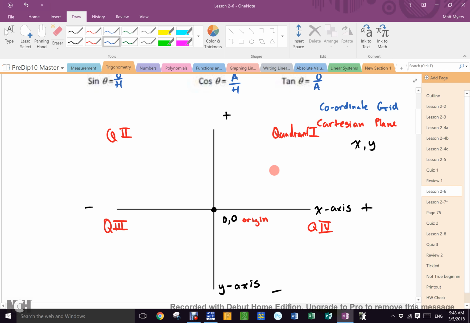In quadrant 1, what is every single coordinate? Positive x, y. In quadrant 2, what are the coordinates? Negative goes first. Negative x, positive y. What about here? Negative x, negative y, and here? Positive x, negative y. Is everybody good with the coordinate plane? Yeah? Okay.